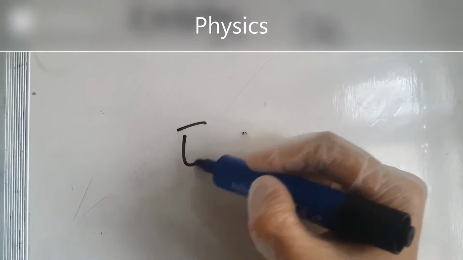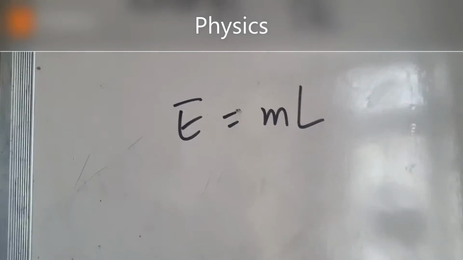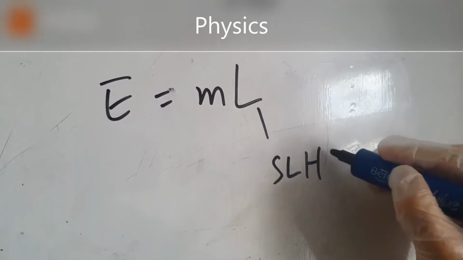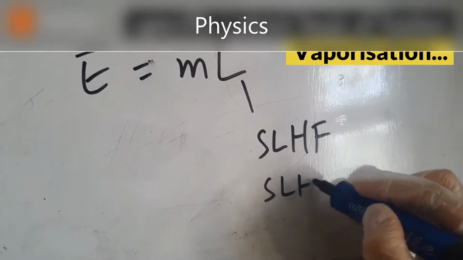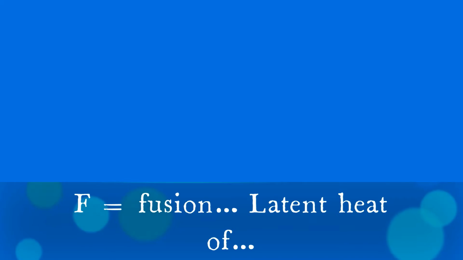And this is the specific latent heat, where there is a change of state. So in this case, L_f is the specific latent heat of fusion. What's F?